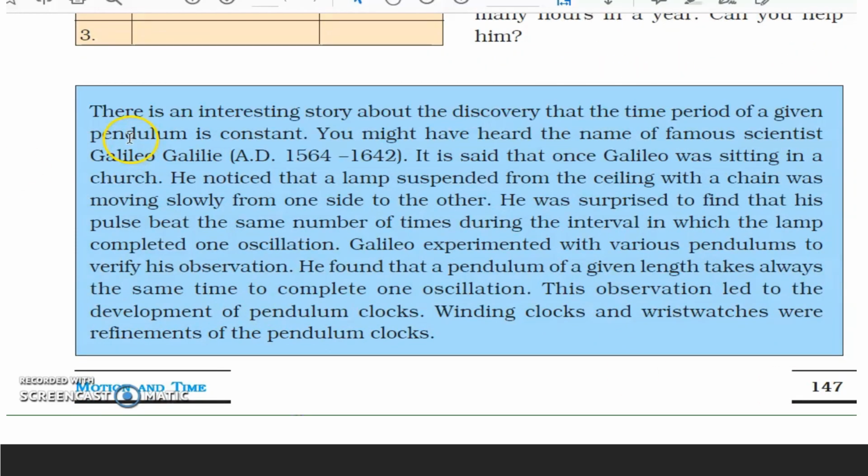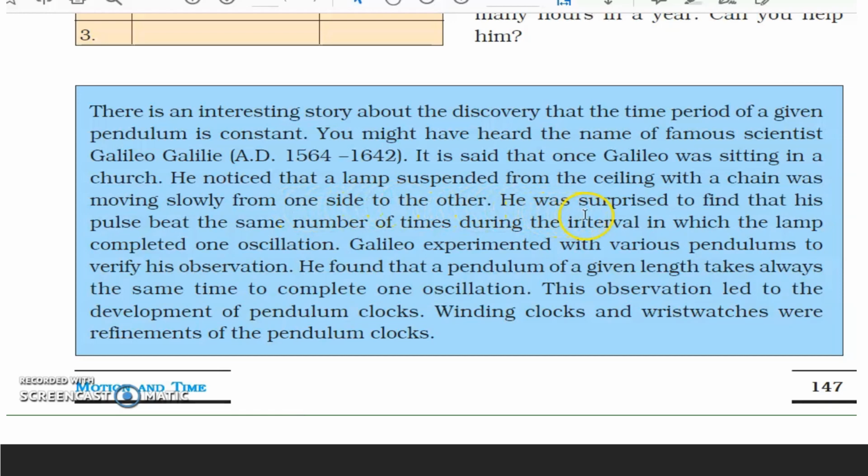Now, an interesting story. There is an interesting story about the discovery that the time period of a given pendulum is constant. You might have heard the name of the famous scientist Galileo Galilei. It is said that once Galileo was sitting in a church, and he noticed that a lamp suspended from the ceiling with a chain was moving slowly from one side to the other.